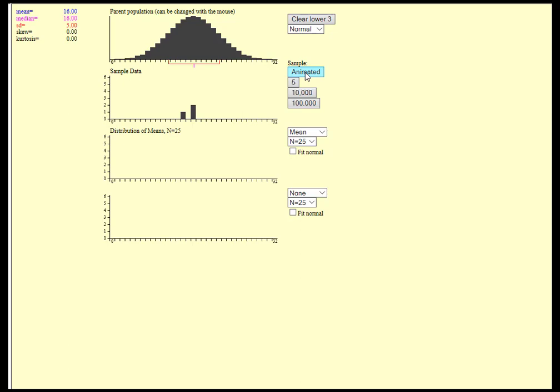So 25 different objects from this population are coming into the sample. I don't record all of these observations, but I want to record the average, or the mean, of those 25 observations.